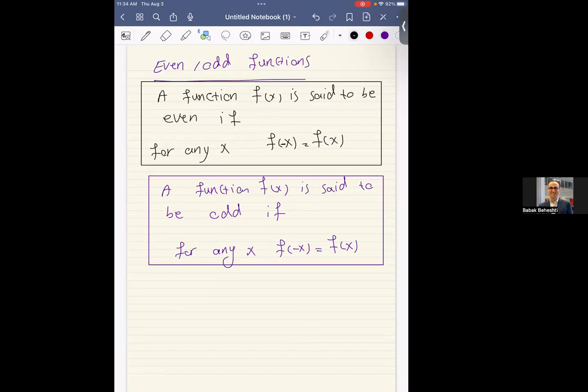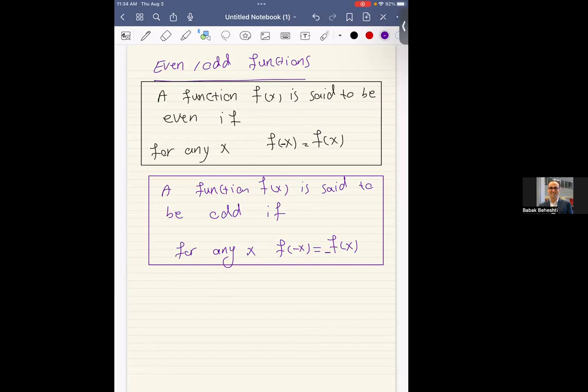Okay. Oh, sorry, minus. I dropped the negative. So for the odd, f of minus x is minus f of x. So if f of minus x is f of x, it's even. If f of minus x is minus f of x, it's odd.